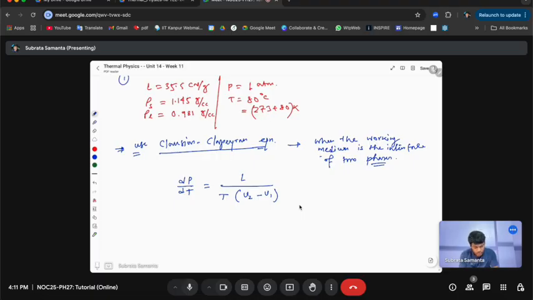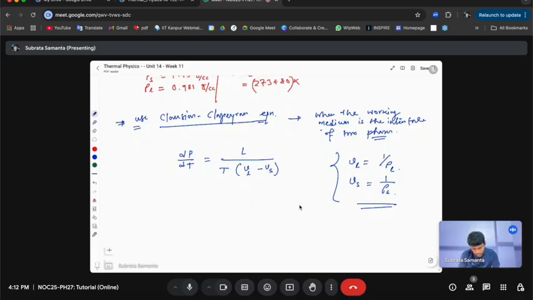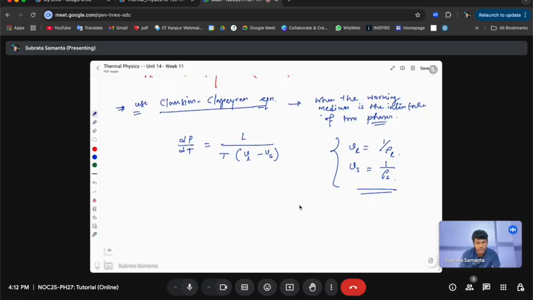So in this case, liquid to solid, I write VL minus Vs, where VL is 1 over rho L, and Vs is 1 over rho S. So now we have to calculate dT.